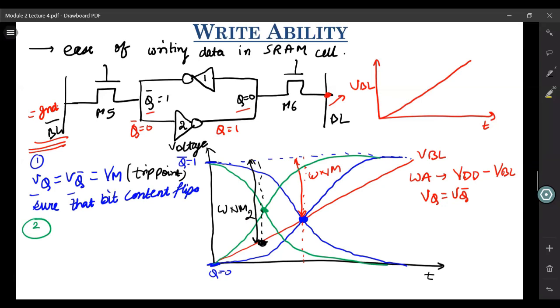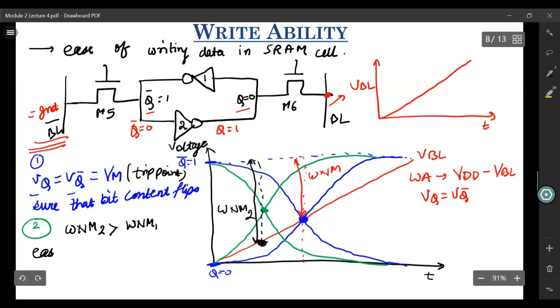If you look at this, you'll observe that the write noise margin of the second SRAM cell is greater than that of the first SRAM cell, right? What this means is your ease of writing to 2 is greater than ease of writing to 1. How is this implied by this diagram?